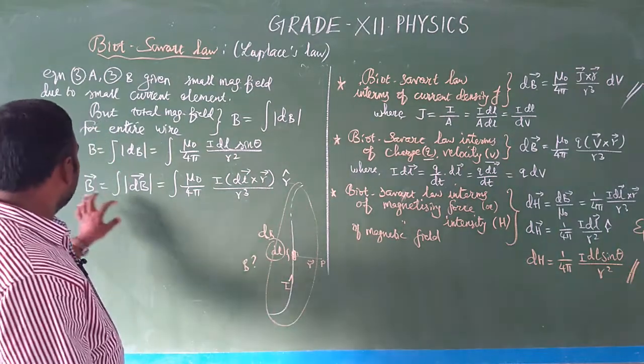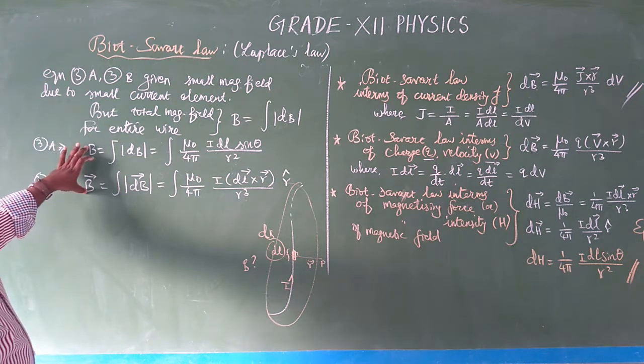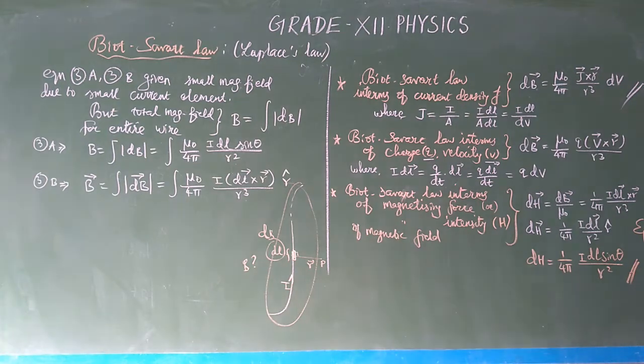Also we found the total magnetic field of the wire. So these two cases are the total magnetic field in vector form and in scalar form. Okay, that's it.